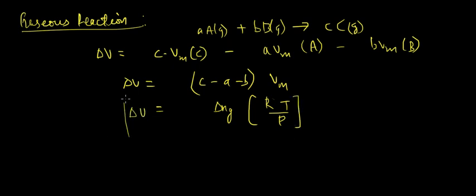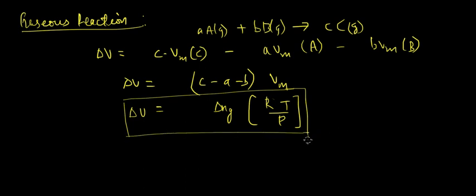That should be equal to delta V. So we are writing that C times Vm of C minus A times Vm of A minus B times Vm of B would be equal to (C minus A minus B) times Vm. Let's look at it like this: what is the final volume of the gases present in the vessel?